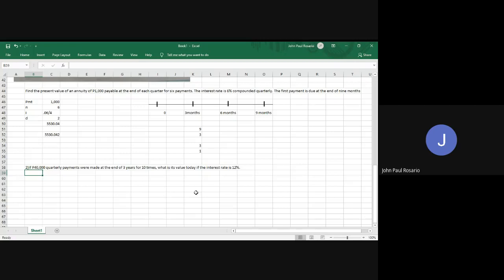So, what is the payment? The payment is 40,000. Our N is 10, since it is 10 times. Our I is 0.12 over 4, because it is quarterly. Now, what is your D?